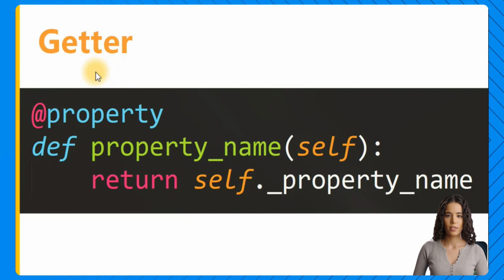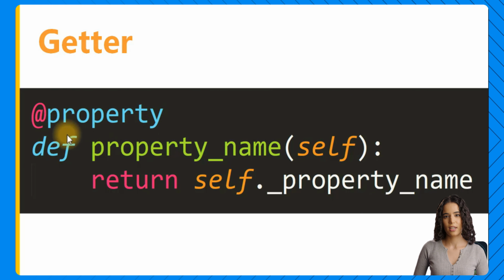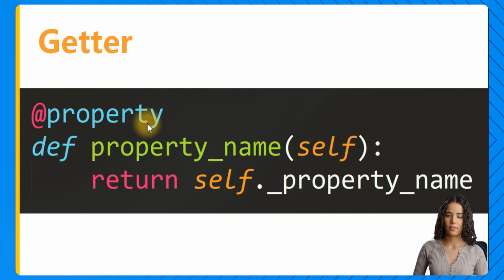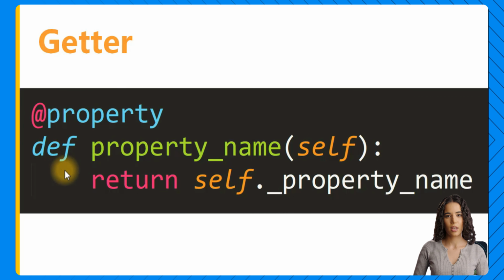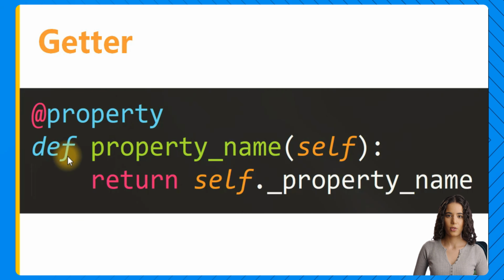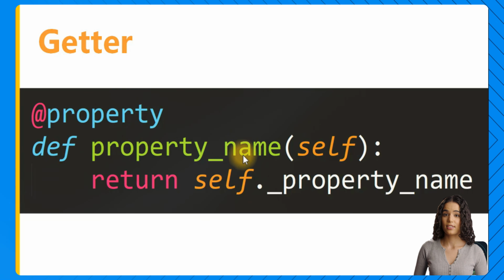This is basically how you can define a getter using @property. You can see @property right here at the top. First, you write @property, and then you basically use the same syntax that you would use to define a getter. We have the def keyword followed by the name of the property that you want to create. Right here, instead of writing get and the name of the attribute, we are just writing directly the name of the property.